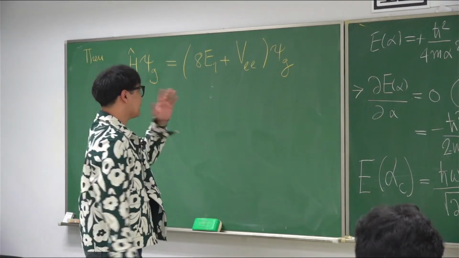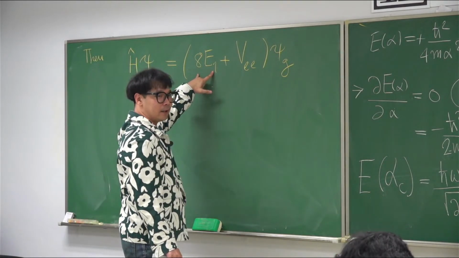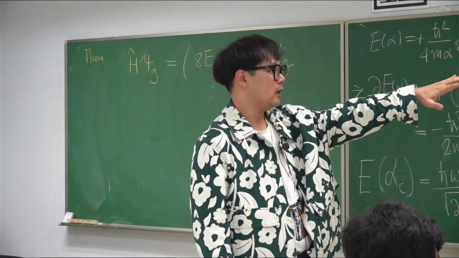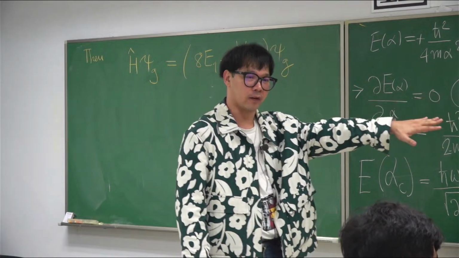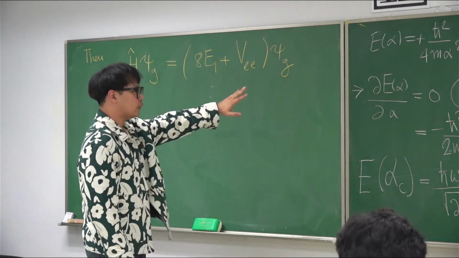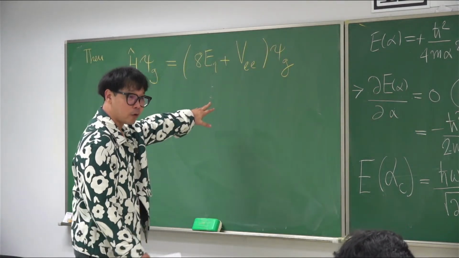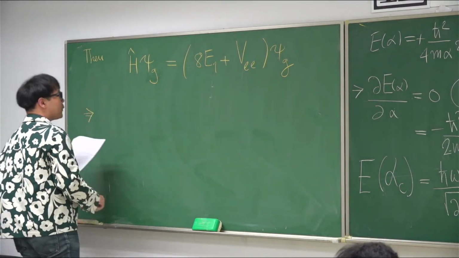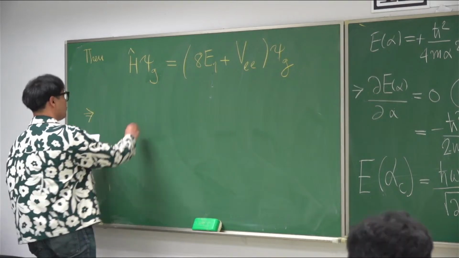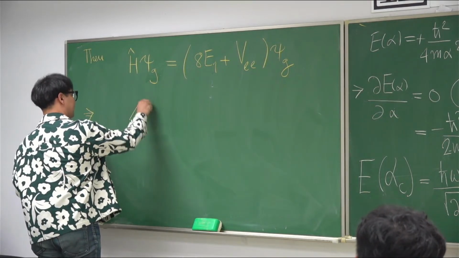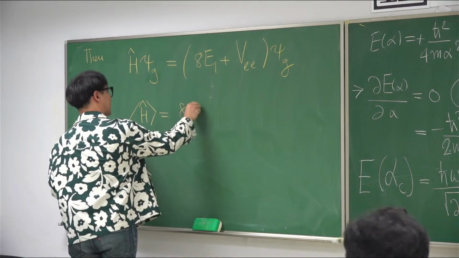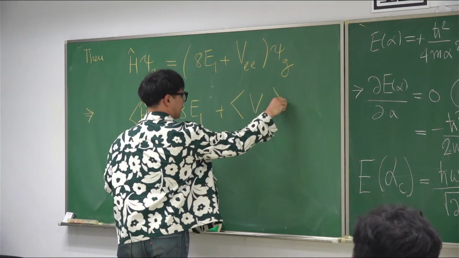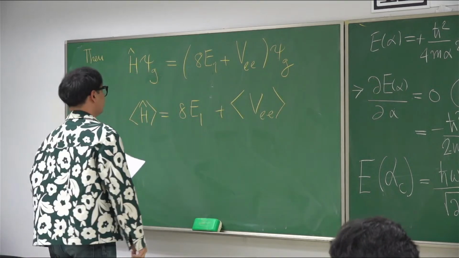Okay, because this bit of energy we get by ignoring the interaction between the electrons, right? Then we could bring it back into this form. So if you compute the expectation value of the system, you're going to get this, right? Okay.